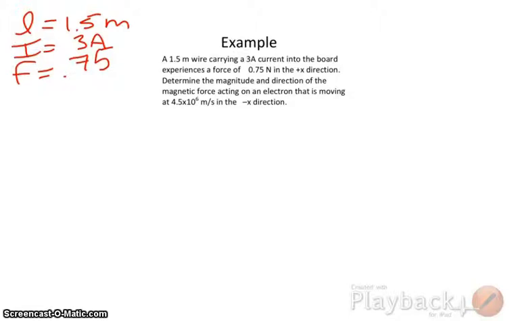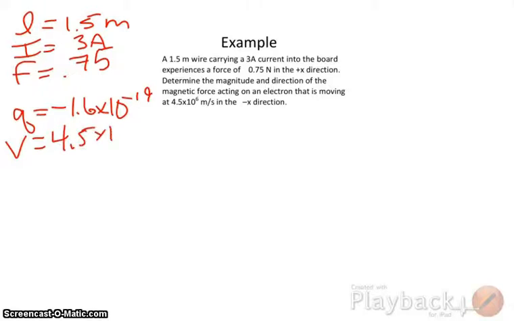Determine the direction of a magnetic force acting on an electron, with charge negative 1.6 times 10 to the negative 19th, that is moving at a velocity of 4.5 times 10 to the 6th in the negative x direction.